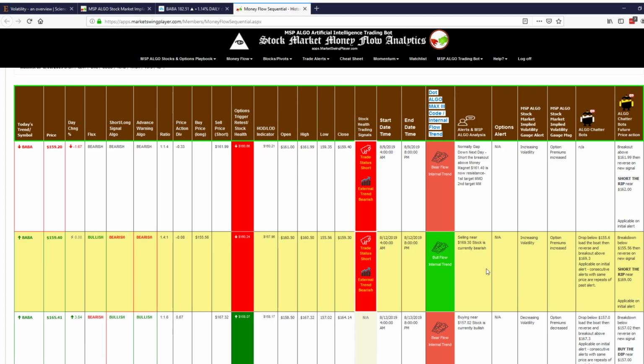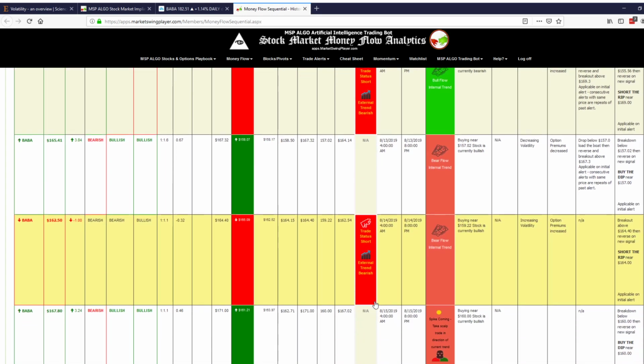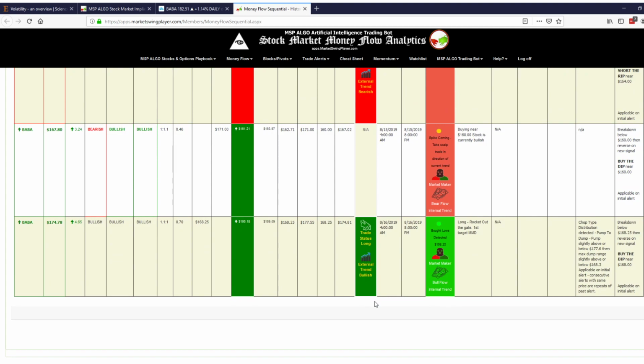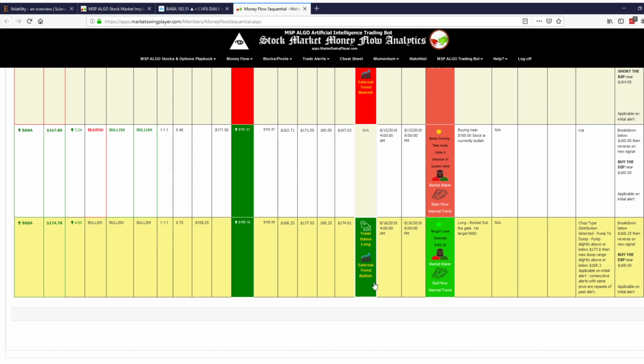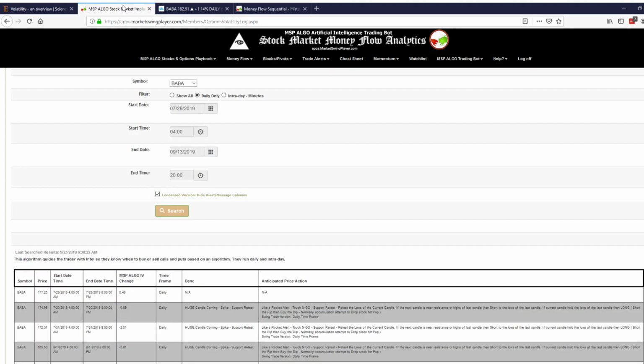Okay. So MSP Algo was still short, and then it said get out of your position, right? It exit this position. So on the 16th, it actually said it was a long. That's why it's important to look at this, because we saw what was going on.